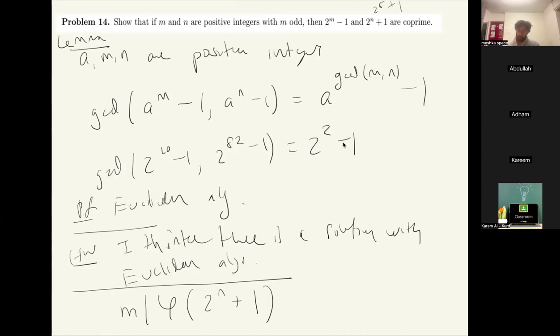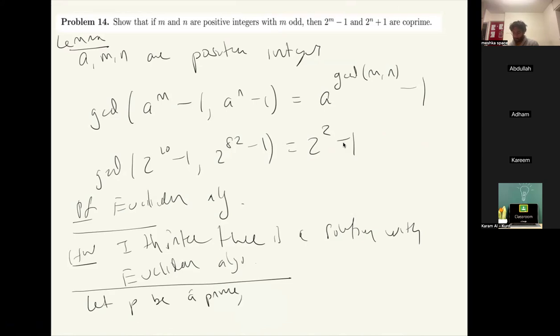So okay, what you really need to do with this one is some kind of perspective shift. What does it mean that two numbers are co-prime? It means that they cannot share a common prime divisor. So another way of phrasing this problem is: let P be a prime, and M, N positive integers with M odd.